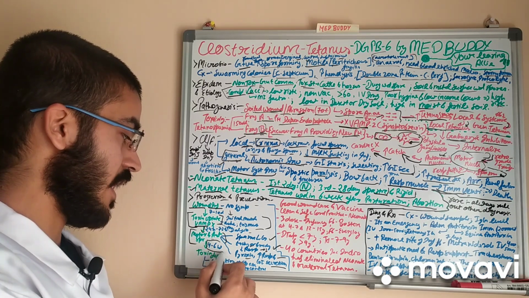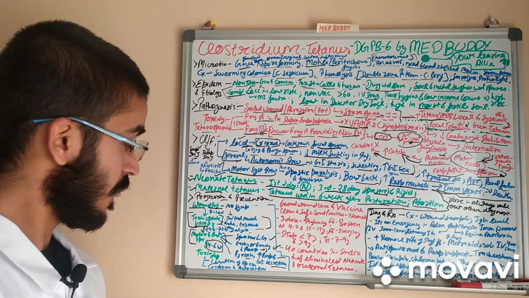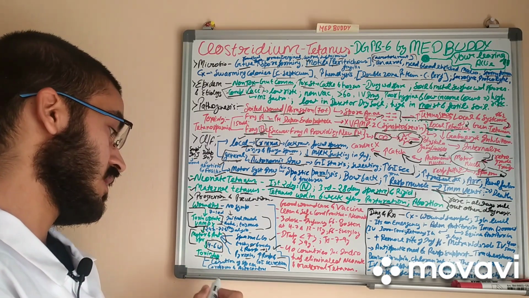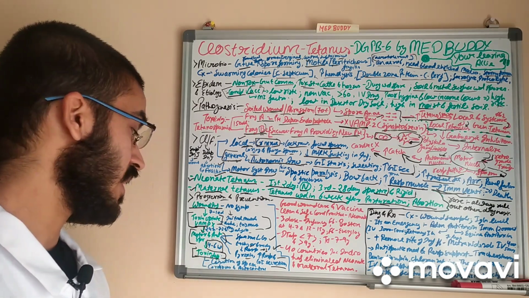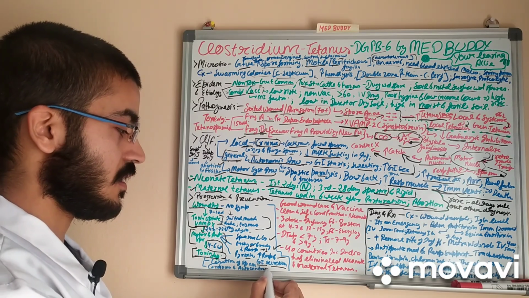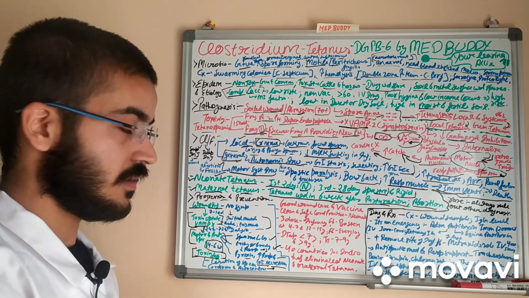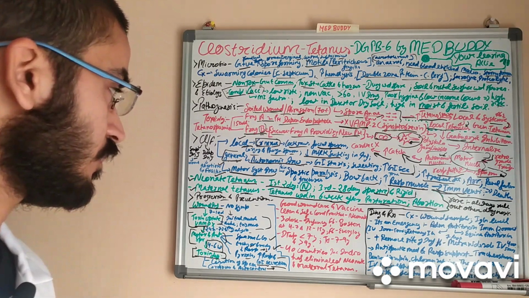This will remain for at least 4 to 6 weeks. After 4 to 6 weeks, the toxin will start degrading and the person will start reaching normal life.